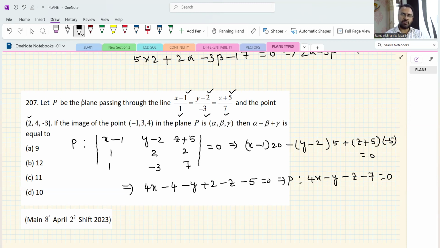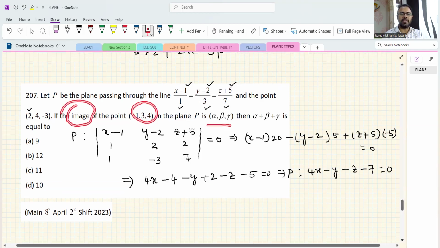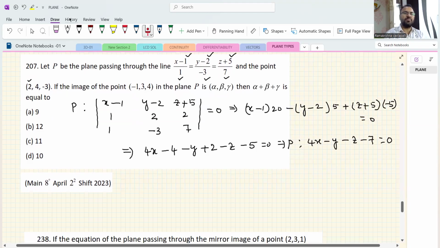Now the question is not yet over. Every question is a two-tier question. We have to find the foot of perpendicular. I am very sorry, they are asking for the image of the point (alpha, beta, gamma) in the plane. So let us write the image formula.